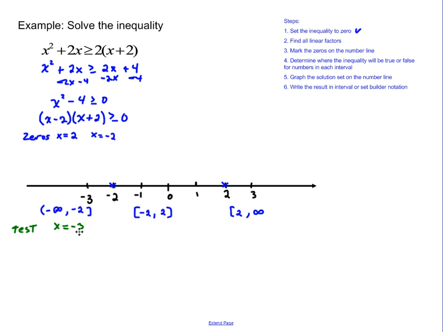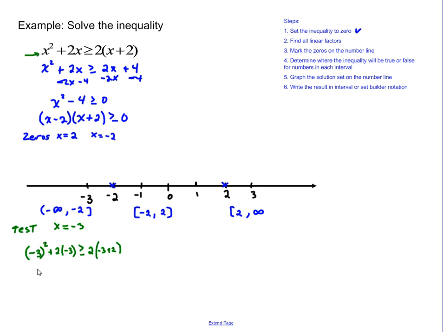And I always go up to my original inequality to test. So I always say, well, let's see what happens with negative 3 squared plus 2 times negative 3. If that's true, it will be greater than or equal to 2 times negative 3 plus 2.